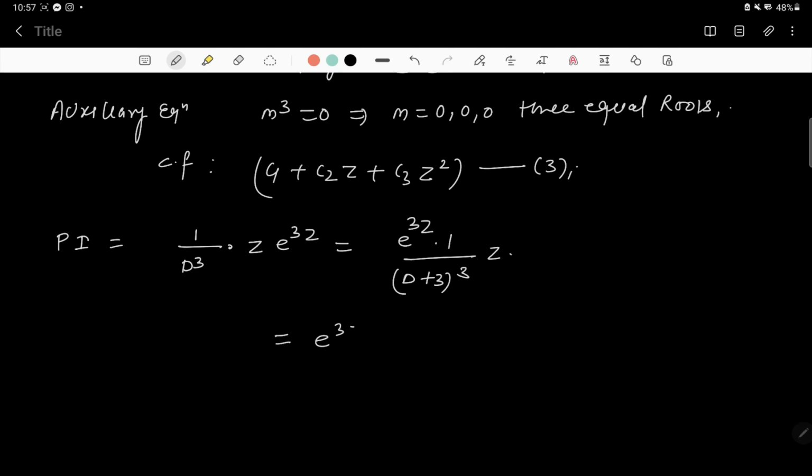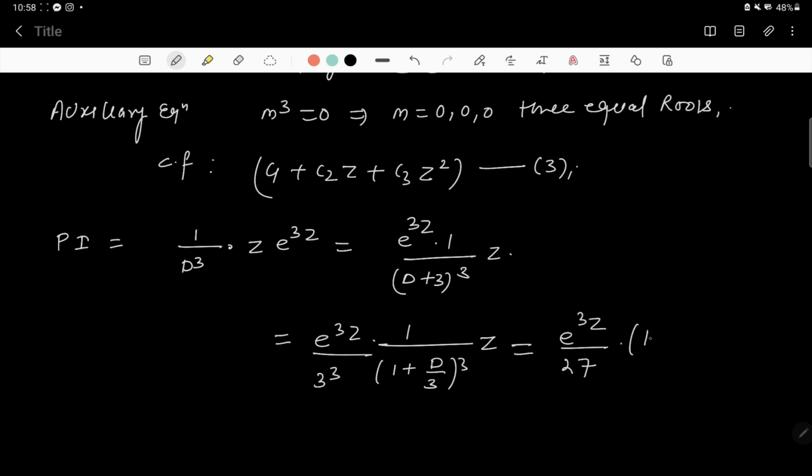We take 3 cube common, so it will be exponential 3z upon 27, and it goes outside, so it will be (1 plus D by 3) to the power minus 3 of z.